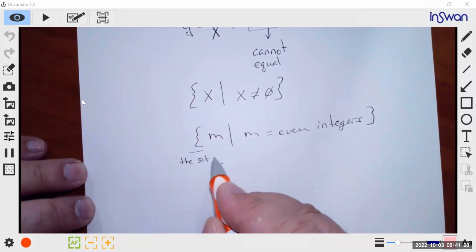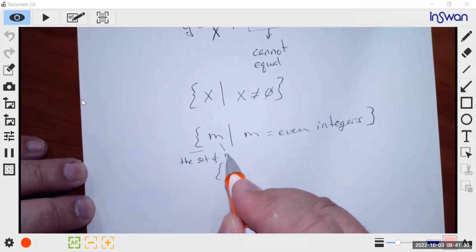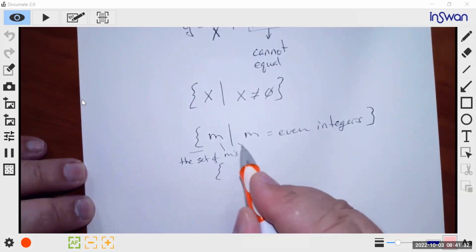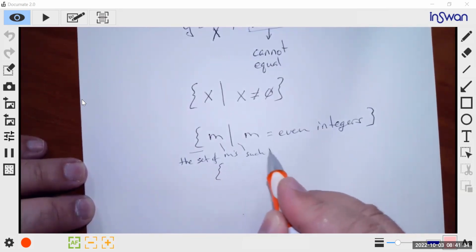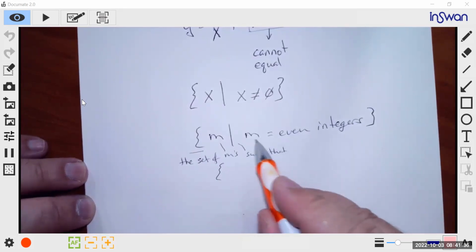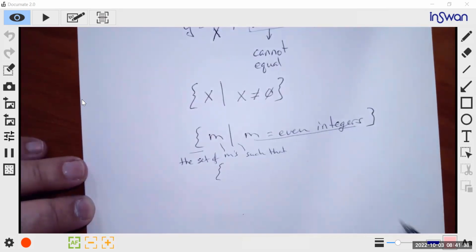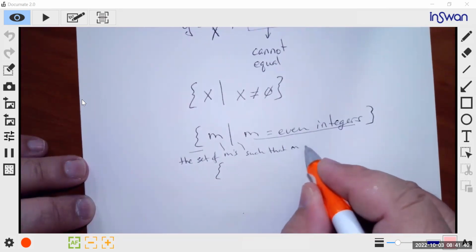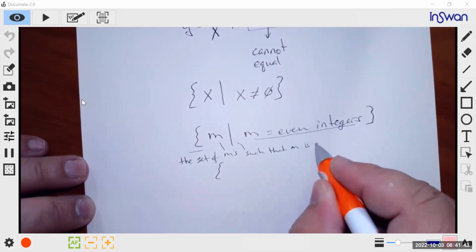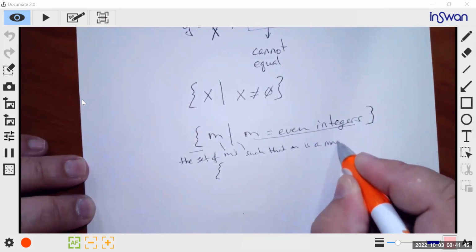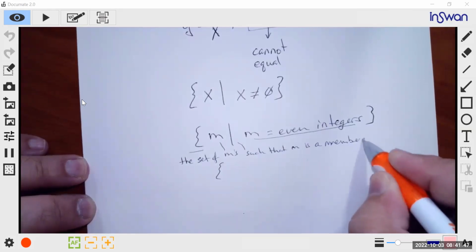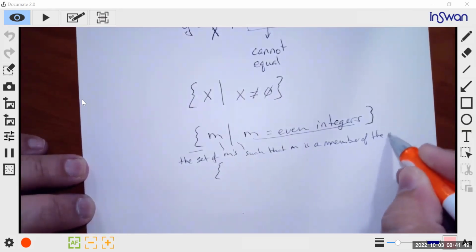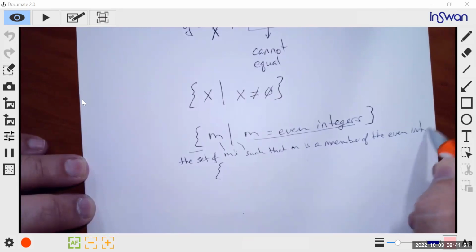The set of m's such that m is a member of the even integers.